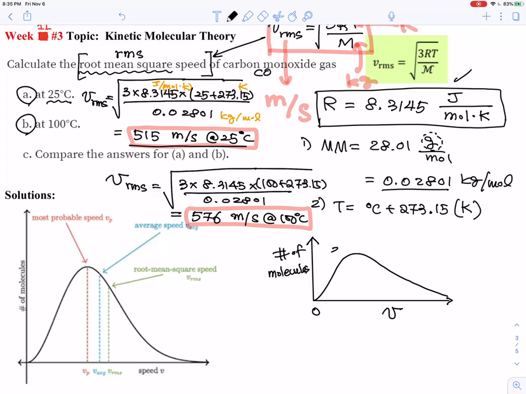So let's say this is 25 degrees C, and if it's 100 degrees C, it is more like that. On the average, the peak position is moving to a higher velocity, and we can calculate those.